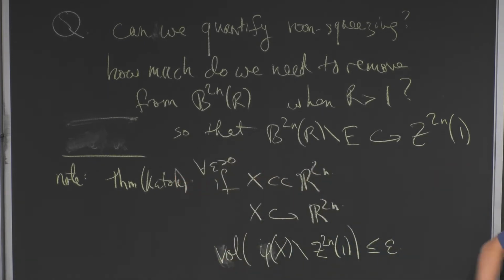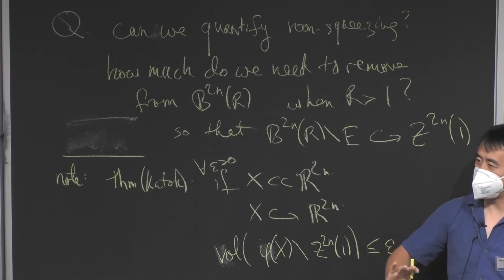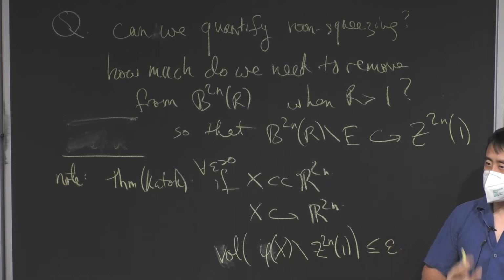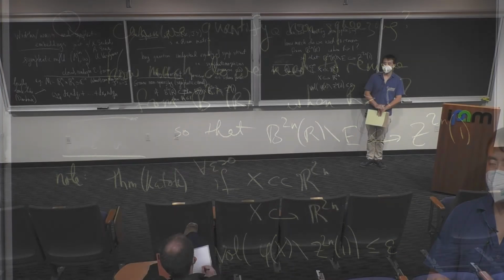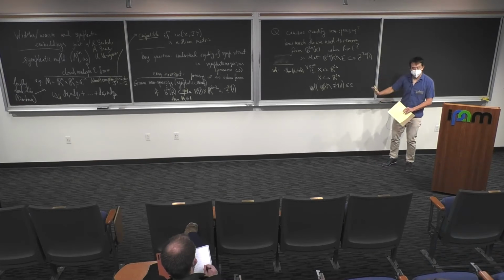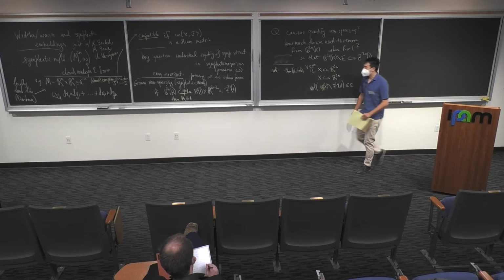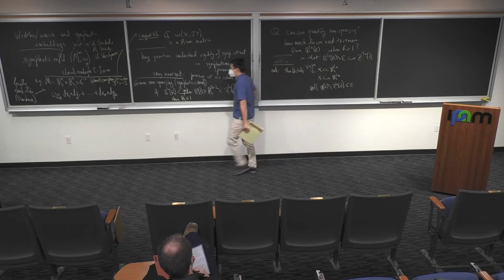Okay. So I know some part has to escape the cylinder, but that part has as small volume as I like. Right, so volume's not necessarily an interesting way to quantify it. Okay.